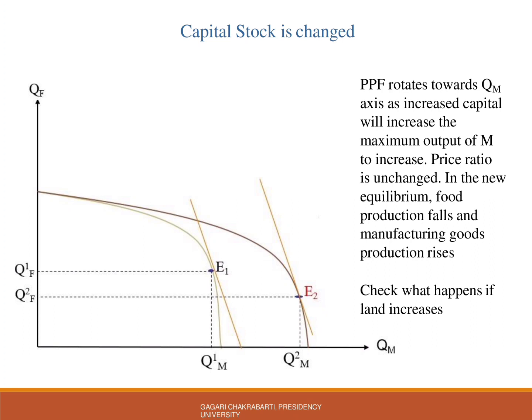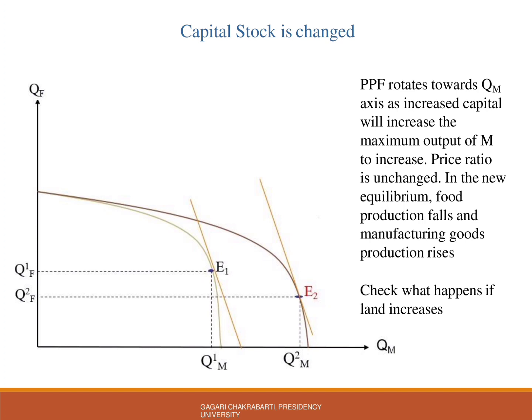Now as capital stock is changed, then the PPF will rotate towards the QM axis, because the increased capital stock will increase the maximum amount of the manufactured output to be produced. Price ratio is remaining unchanged, therefore the new equilibrium will be attained at E2, where a price line which is parallel to the original one is touching the new PPF. So clearly food production is falling and manufacturing goods production is rising.